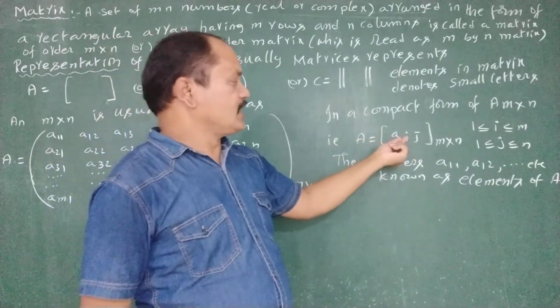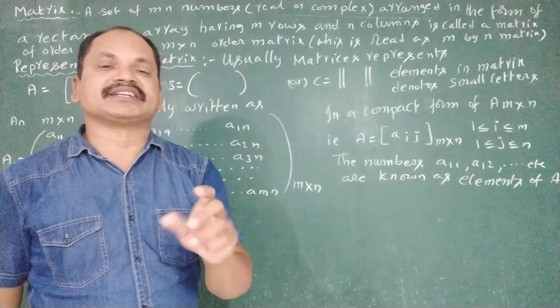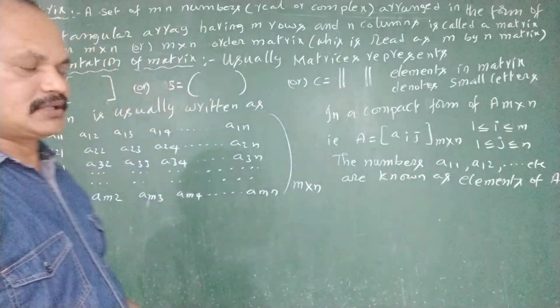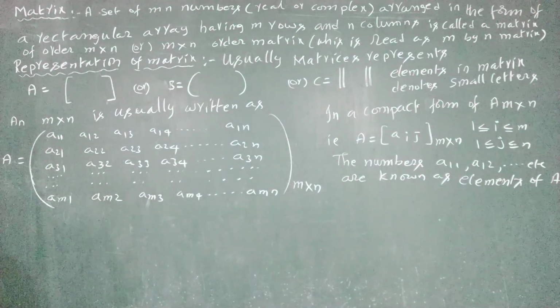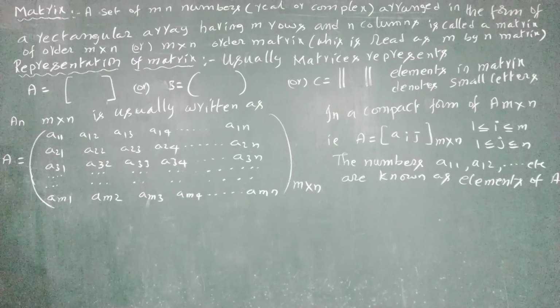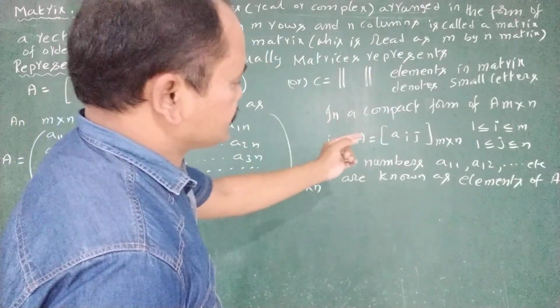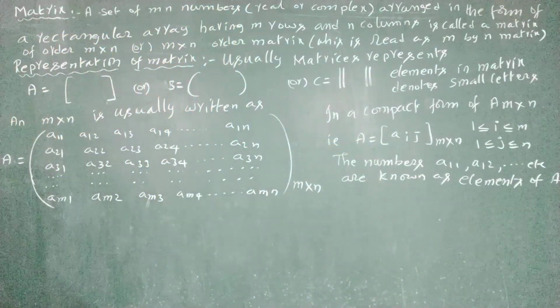In the element aij, i represents rows, j represents columns. So the first subscript i always represents the row, and j always represents the column.